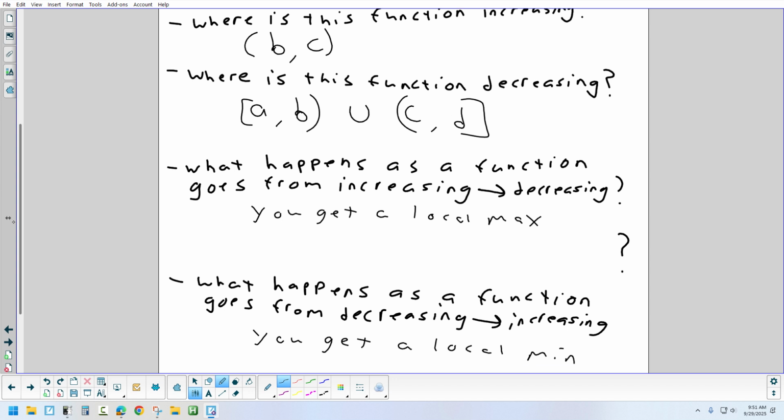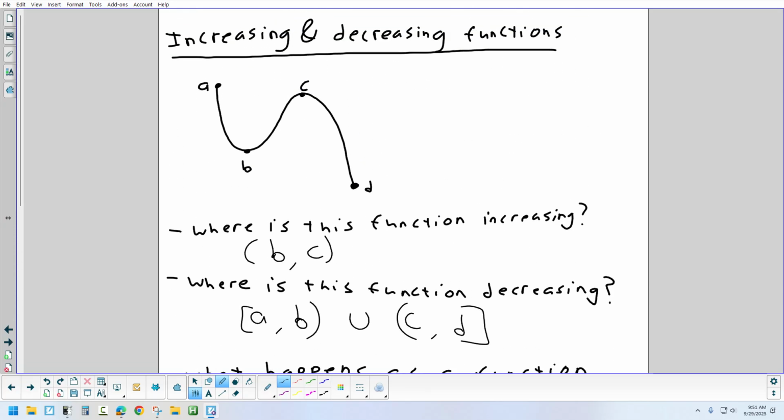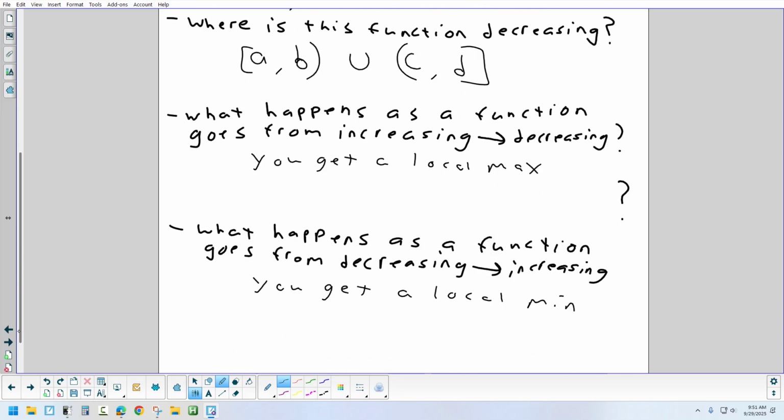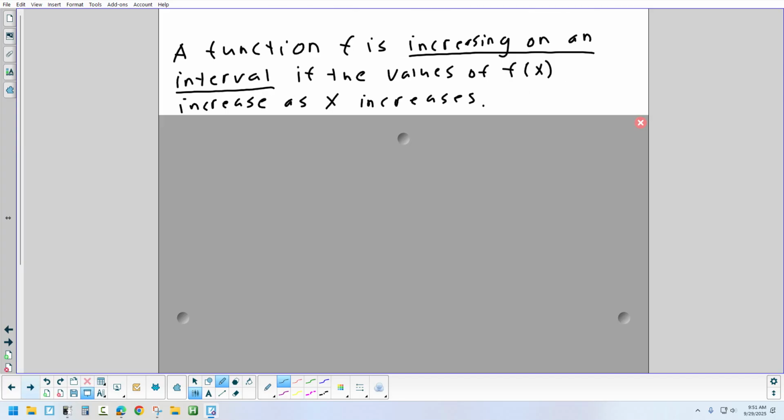Okay, you really want to think about these things in terms of the slope too. As you go from decreasing to increasing, decreasing means you're going down, increasing means you're going back up. You get a local minimum.